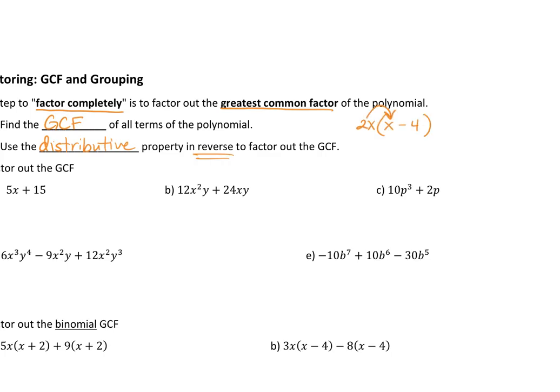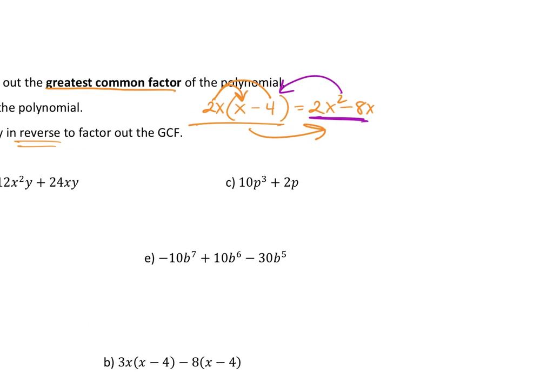To distribute that, it would be 2x squared minus 8x, right? Instead of doing this to get to here, you're going to have this and need to get to there.